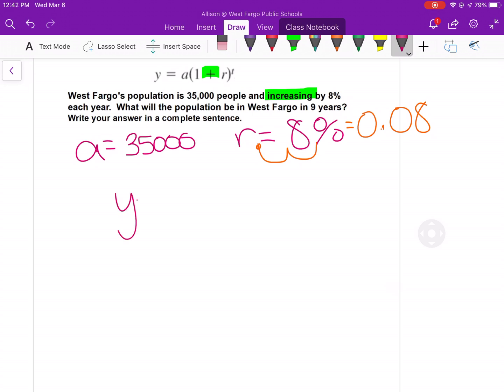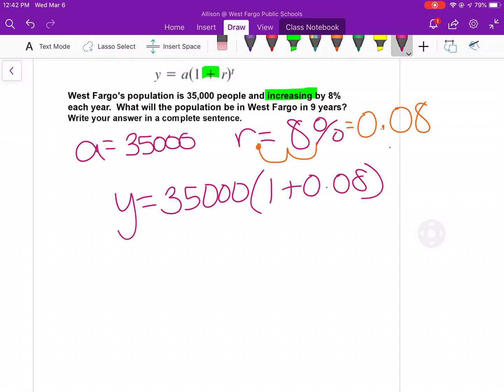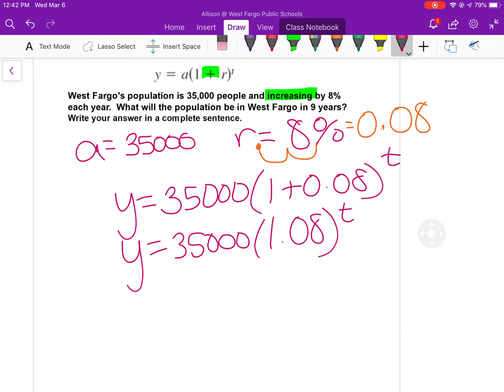And so the general model is 35,000 times 1 plus 0.08 to the t power. Or if I combine my like terms inside the parentheses there, it'd be 1.08 to the t.